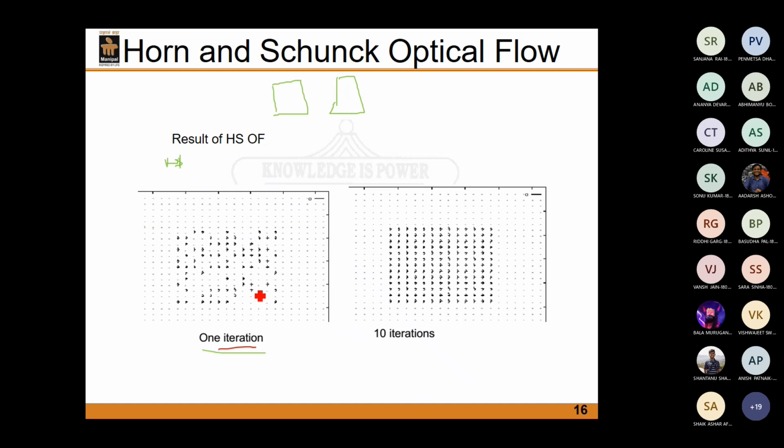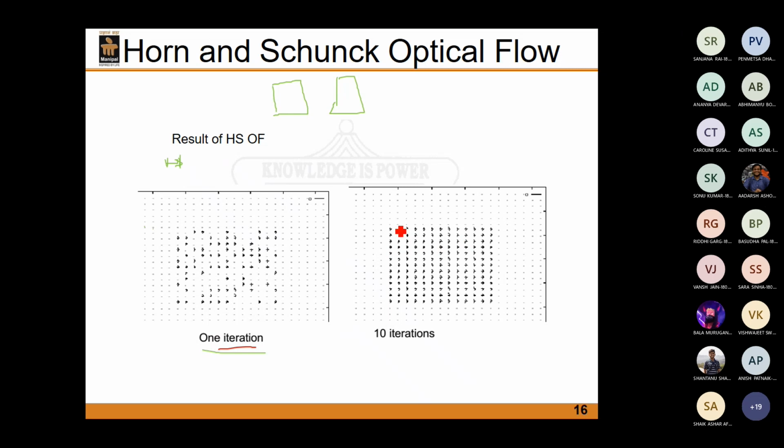When you implement the Horn and Schunck optical flow algorithm in an iterative way, after one iteration the result may not be accurate. If you see here, not all pixels are updated with the correct value of the optical flow vectors, but after 10 iterations we can exactly capture the information.